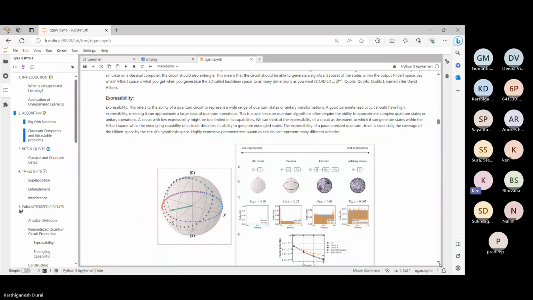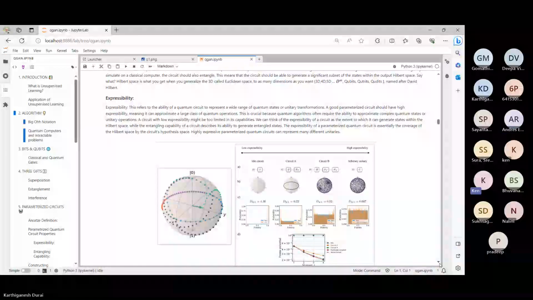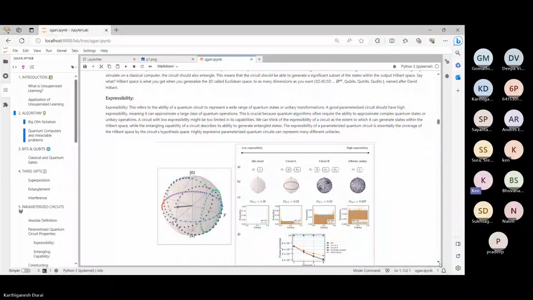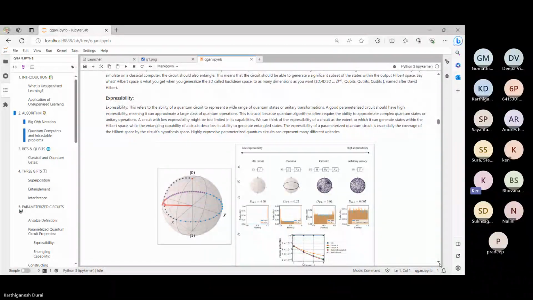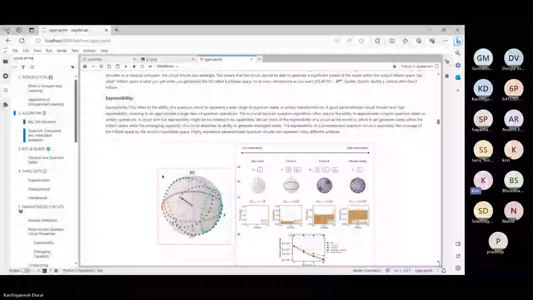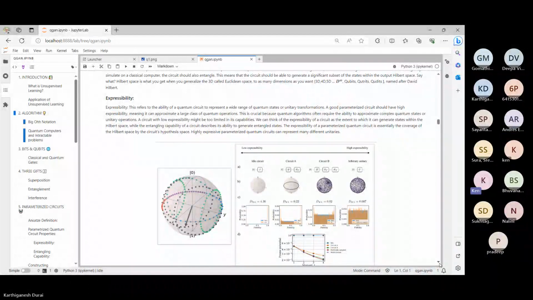It's just along the equatorial band. Circuit B is much, much better, but we have these dark spots, these concentrations along the ket plus and the ket minus. We don't want such concentrations. We want things to be totally homogeneous throughout the system to provide us with a rich exploration space.